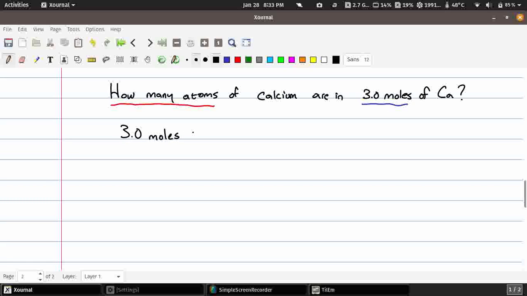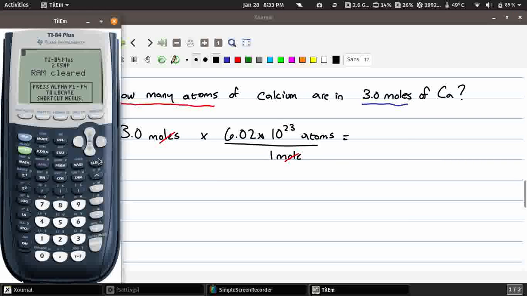So you have 3.0 moles, right? And then you're trying to find the atoms. So you know that if you have moles up here and you're multiplying by a conversion factor, moles has to be on the bottom. So you're multiplying by Avogadro's number, in atoms, divided by 1 mole. And this is going to cancel the moles out. So you're going to be left with whatever the calculator spits out, because I'm not doing this by hand. So 3 times 6.02.